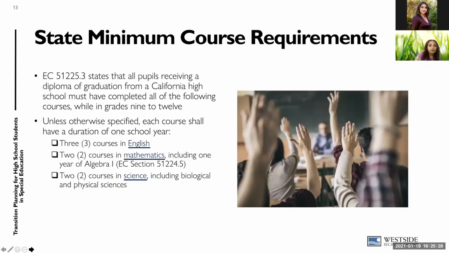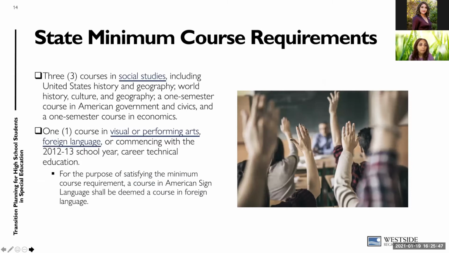So the minimum requirement for the state of California is 3 courses of English, 2 courses of math, that includes Algebra 1, 2 courses of science, including biological and physical science. 3 courses of social studies.